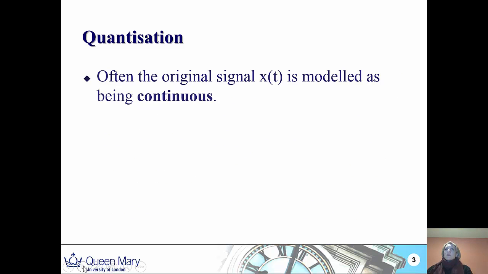So quantization deals with the conversion of a continuous signal to a discrete signal which may be transmitted across a communication channel. So our continuous original signal is modelled as a continuous wave.